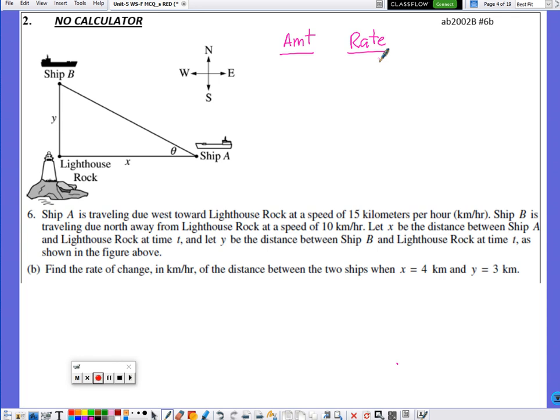You want to think of how fast is some dimension changing, because the problems are geometric. So dimension x is shortening by 15 kilometers per hour. So you should write on your paper dx dt is negative 15. You want more discussion on that?